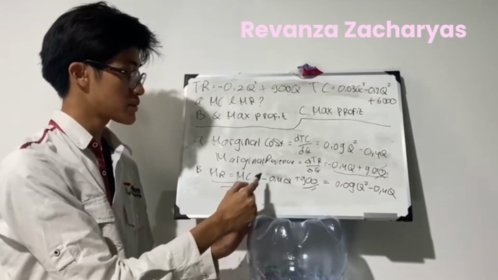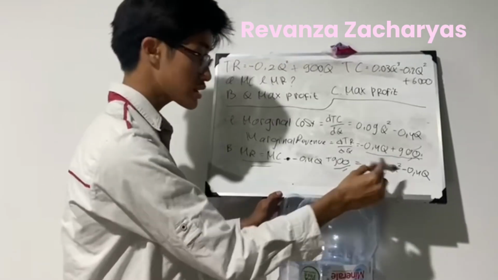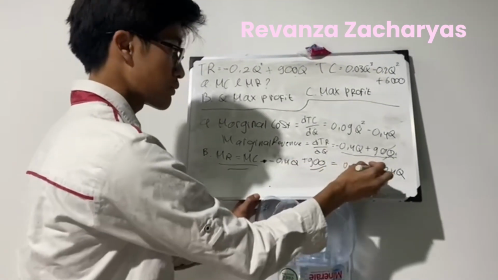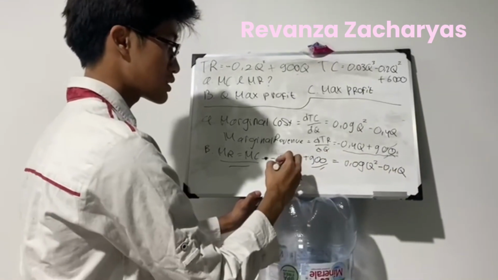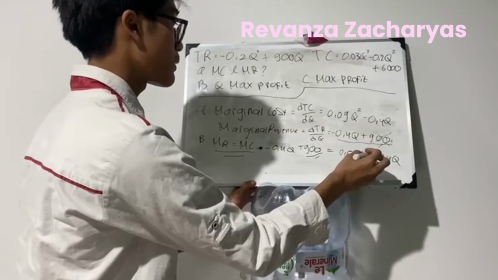MR equal MC, marginal revenue equal marginal cost. So when we get this, we need to input it like this. Here is minus, and this is minus, and this is minus 2.